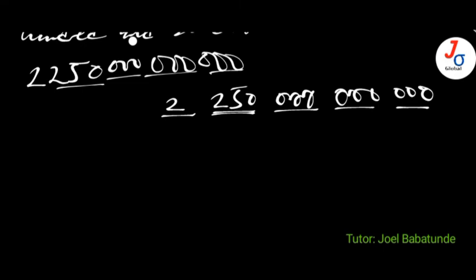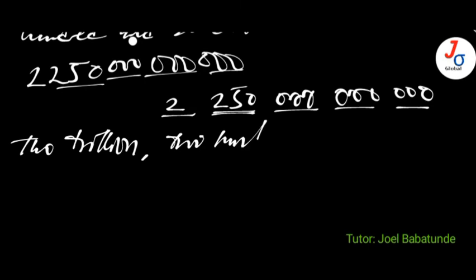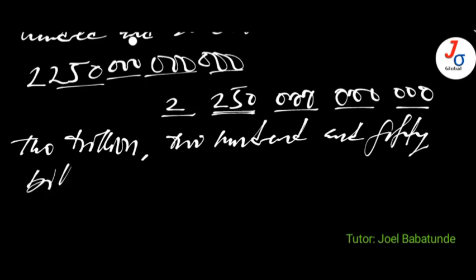So I just write 2 trillion 250 billion. So that's basically how to write this in words as well as writing them correctly.